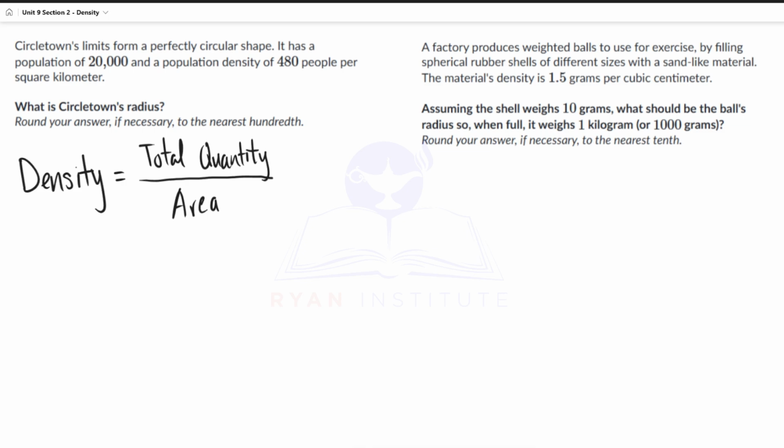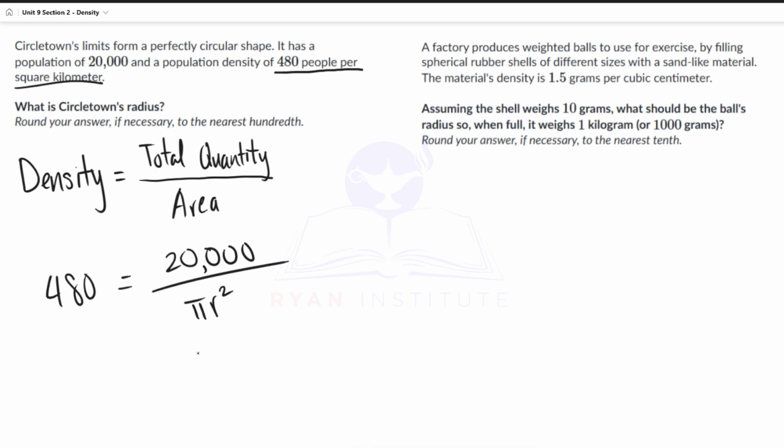And so we know that the total quantity is 20,000 and the area of a circle is going to be pi r squared. And the density, they actually told us, is 480 people per square kilometer. So 480. We are going to multiply pi r squared on both sides.